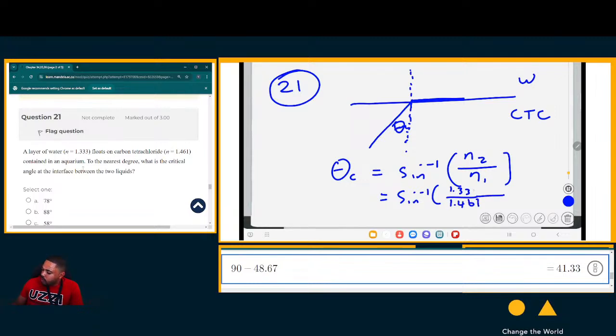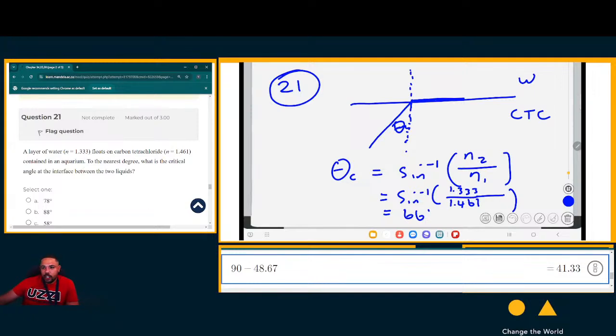Remember, it must go from a medium with a higher refractive index to a medium with a lower refractive index for a critical angle to be calculated. So the answer is about 66 degrees.